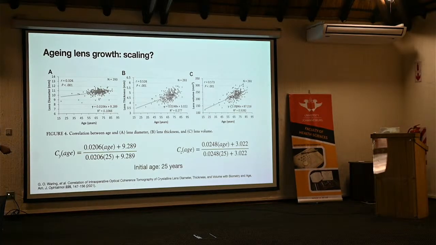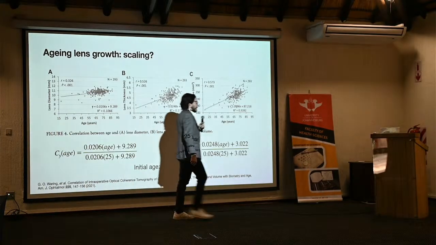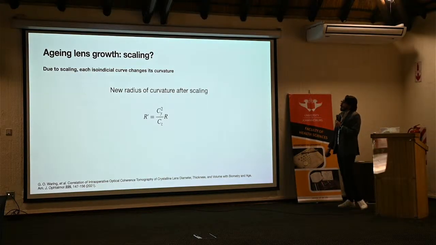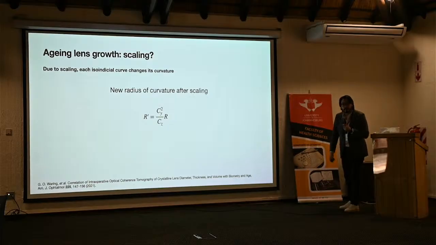So we have a different scaling in the z-axis, different scaling in the y-axis, and the z-axis, or axial axis, is taken through the lens thickness, and this one from the lens diameter. With this, let me show you what happens to any radius of curvature.